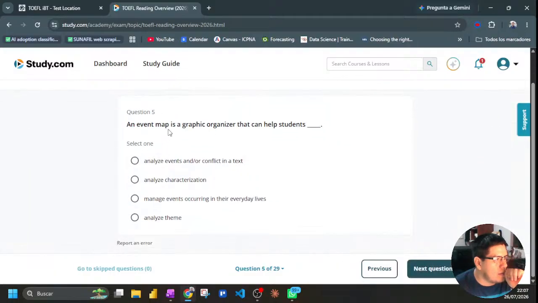A concept map is a reference that helps students manage events occurring in their everyday lives. It's events and conflict in the text.